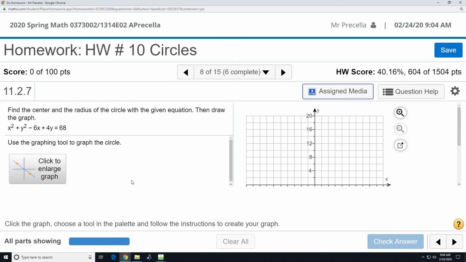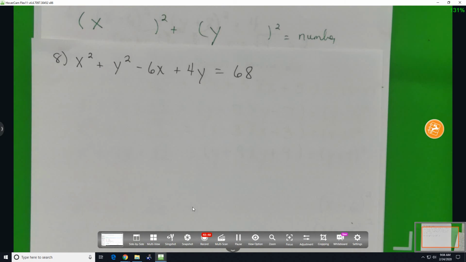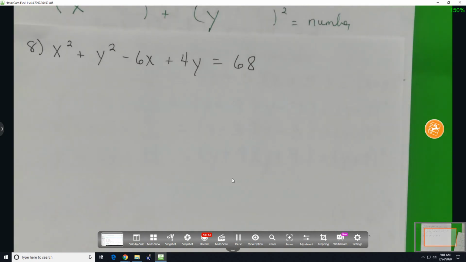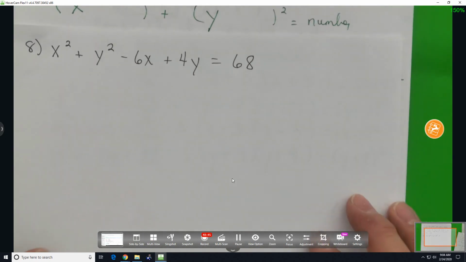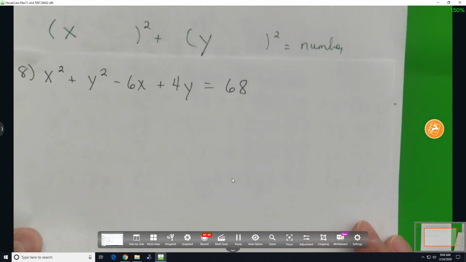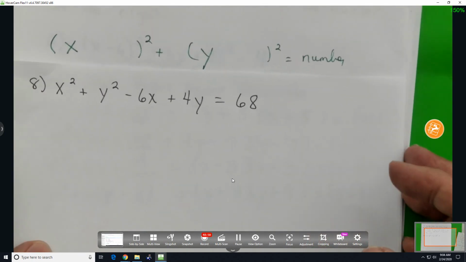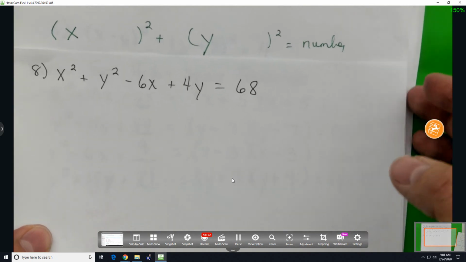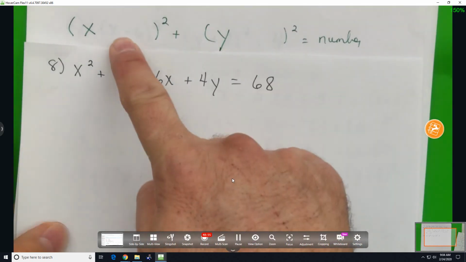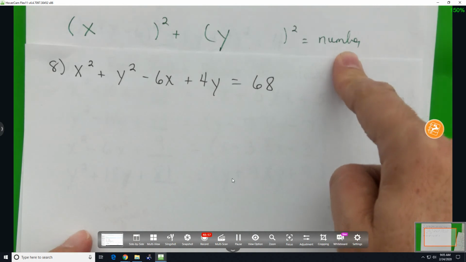X squared plus y squared minus 6x plus 4y equals 68. And we want this thing written with the parentheses. Because remember, how do we find the center and radius if it's written with the parentheses? Well, change the sign, square root.